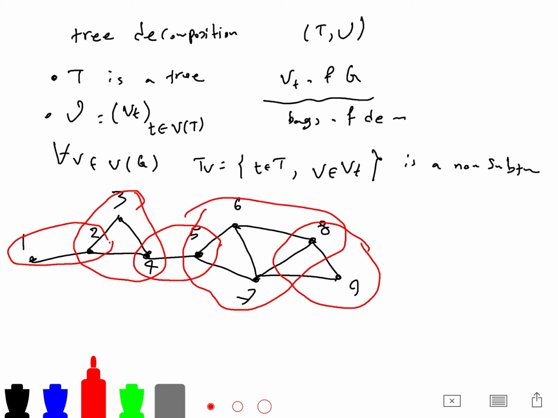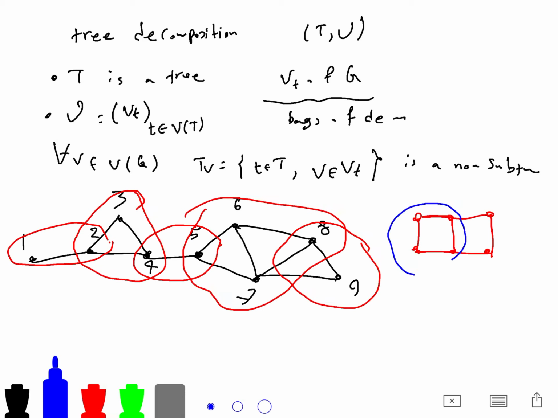But it could also be a different example, for example, this one. This is a tree decomposition. But we have also a nicer tree decomposition as well.